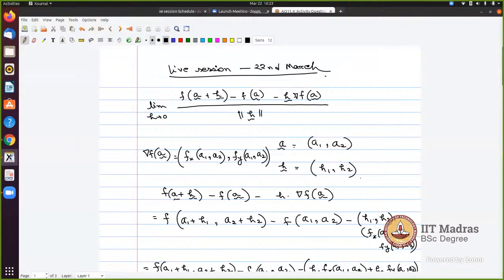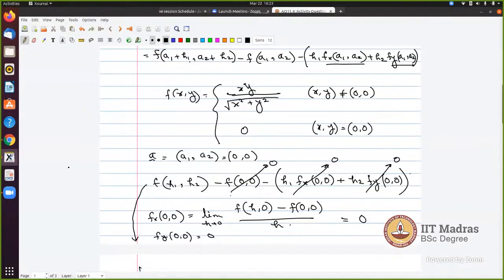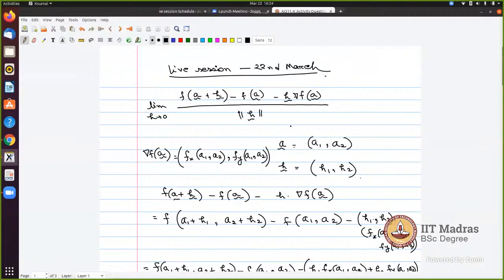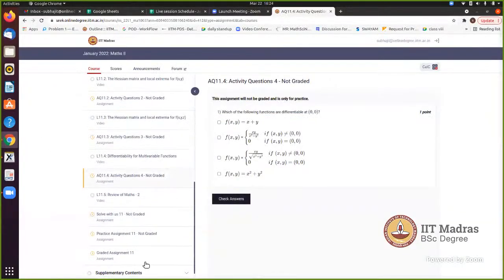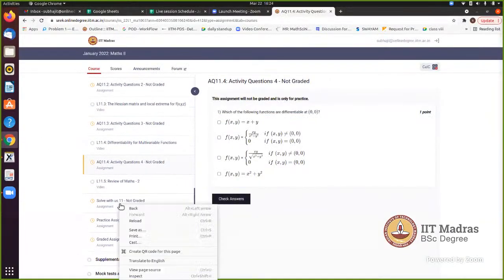Any other doubt from your end? Here h in the numerator, that's by definition, sir? This one is the definition of differentiability. If this is zero, then we can say the function is differentiable at a. Yes. That is the definition. If you go to the solve with us section, it is written there already.